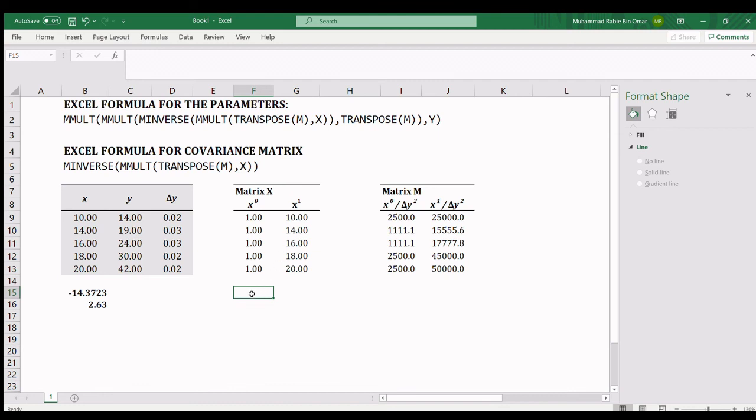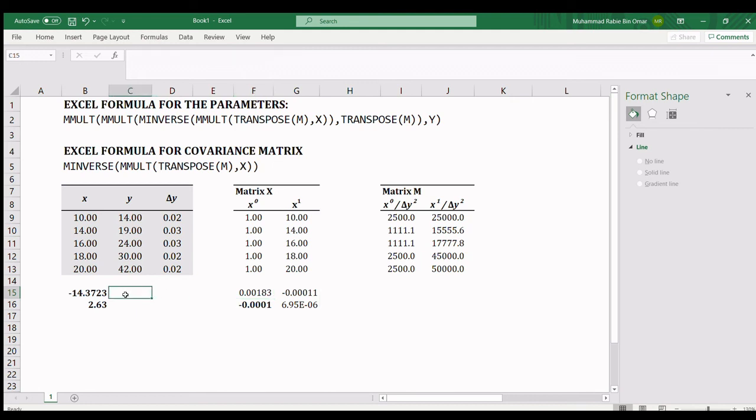To build the covariance matrix, we copy the Excel formula given and we replace M with the corresponding range for matrix M as well as X. The parameter errors are given by the square root of the diagonal elements of the covariance matrix.